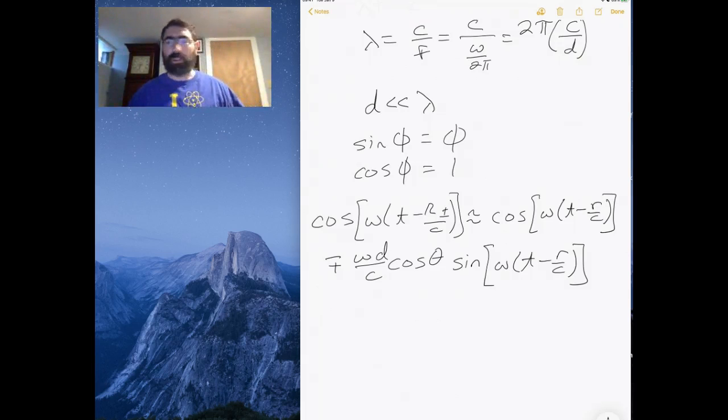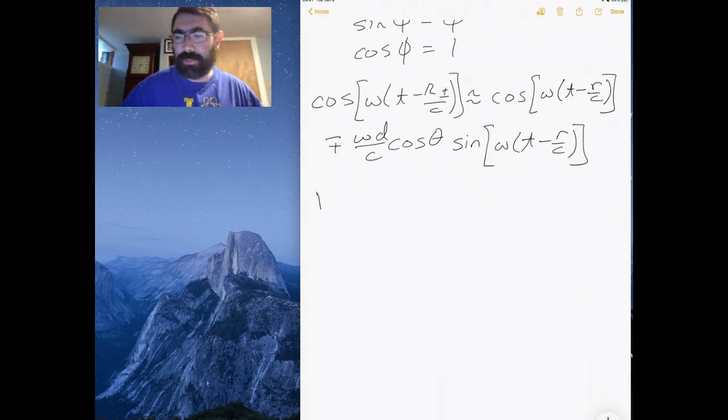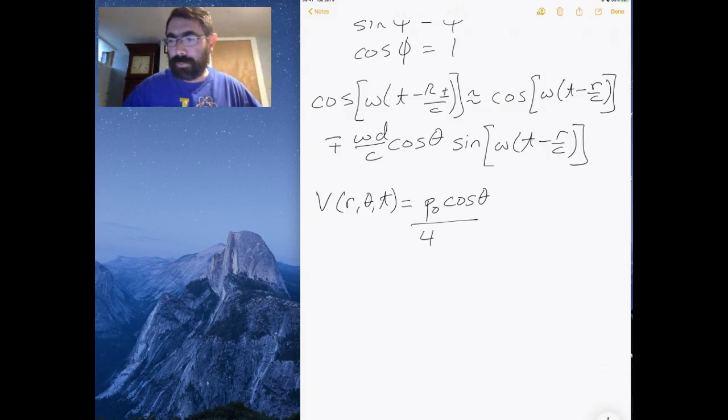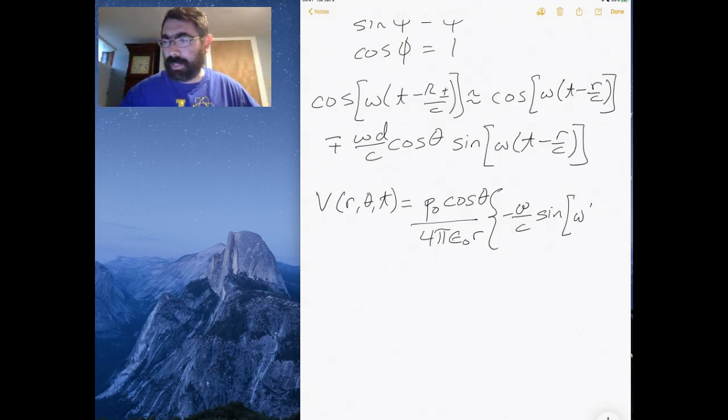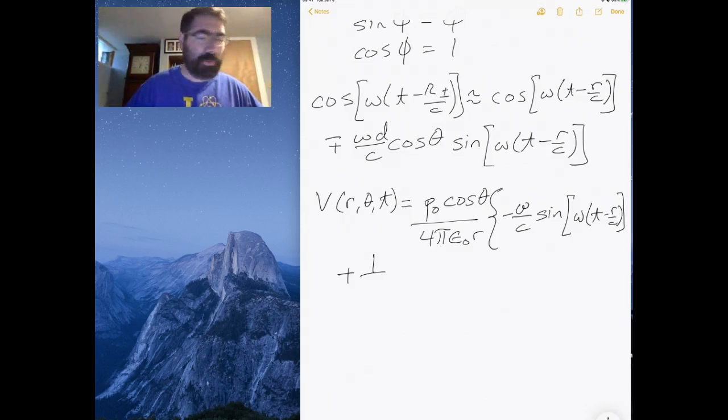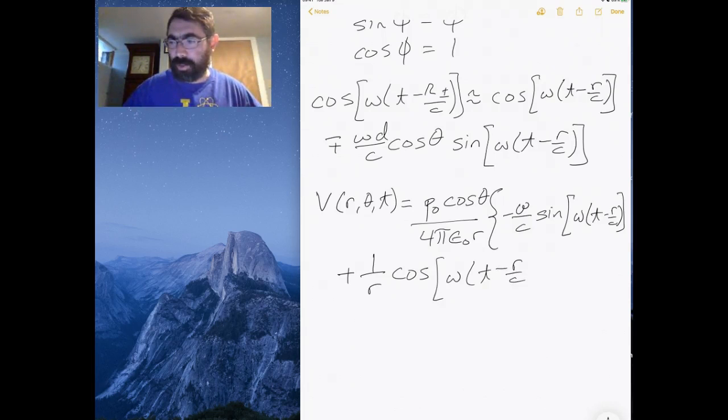That means I can now write my electric potential V as a function of r, theta, and t as the dipole moment times the cosine of the angle theta over 4 pi epsilon naught r, times minus omega over c sine of omega t minus r over c, plus 1 over r cosine of omega t minus r over c.